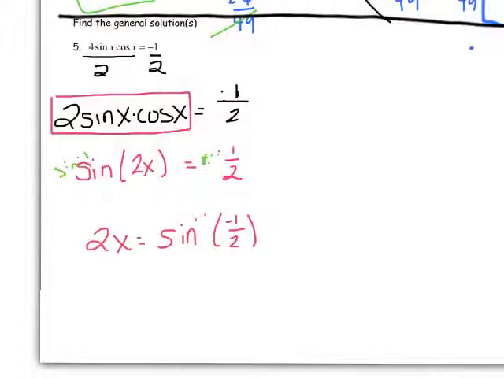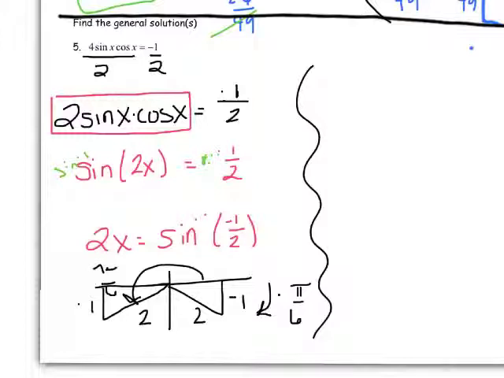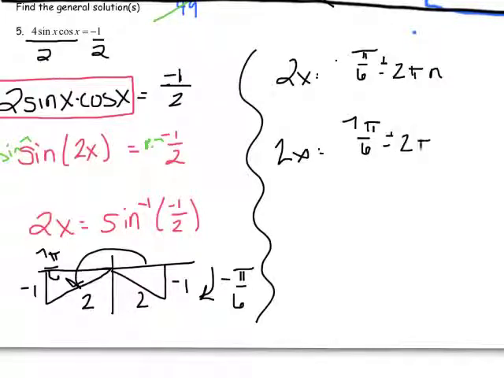So what triangles do you draw to have a ratio of sine equal to negative 1 over 2? Well, that's negative pi over 6 and 7 pi over 6. So I get 2x equals negative pi over 6 plus or minus 2 pi n, and 2x equals 7 pi over 6 plus or minus 2 pi n.